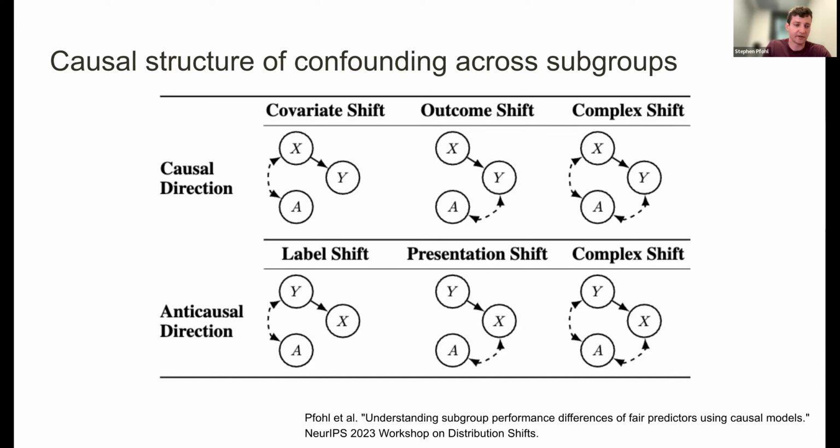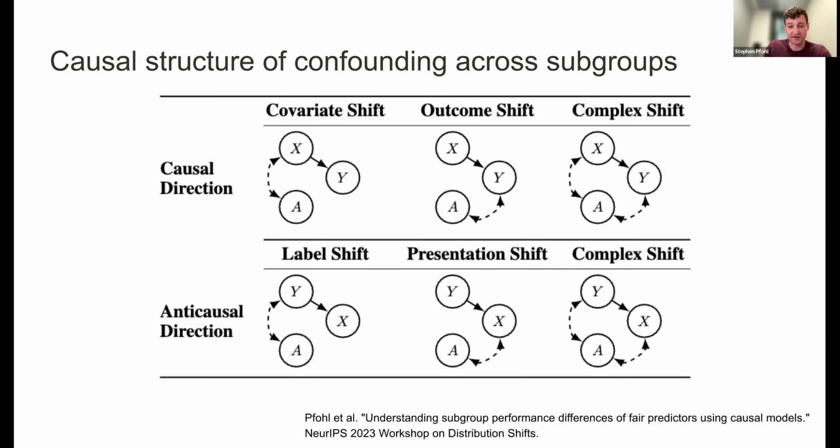And then for the anti-causal graphs at the bottom, the label shift graph encodes the assumption that the presentation of our condition is the same across groups. So if you have a set of patients with pneumonia, the presentation of those X-rays has the same distribution across subgroups, and similarly for non-pneumonia cases. This graph encodes the assumption that just the prevalence of that outcome changes across groups.